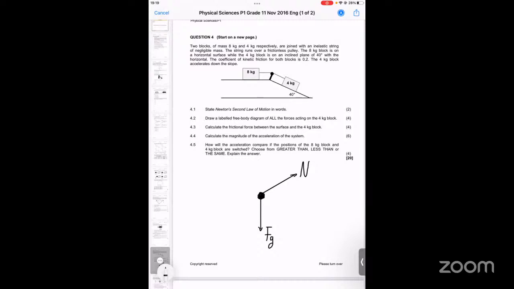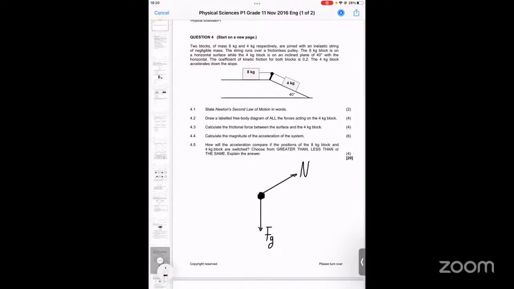You just need to know where is this system moving. Is it moving up an incline or is it moving down an incline? So if it's moving up, then the frictional force is down. If it's moving down, the frictional force is up.